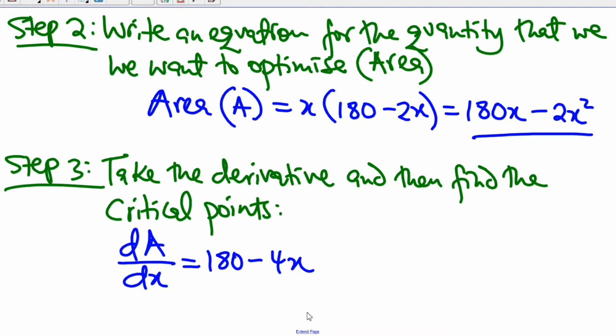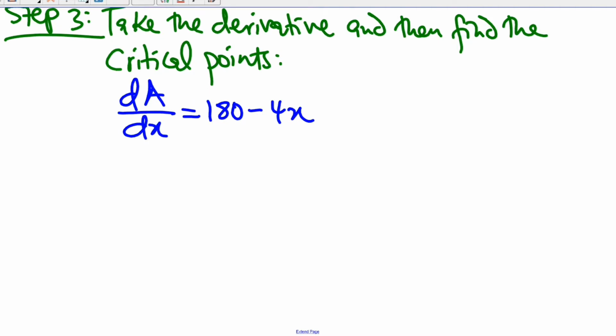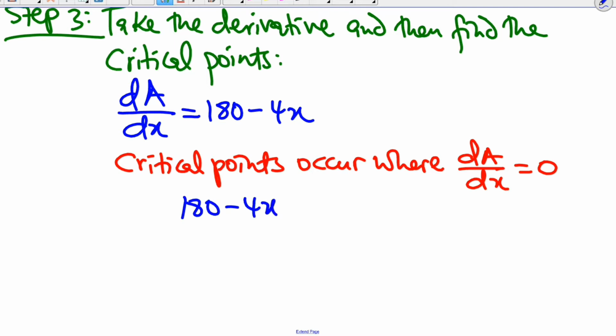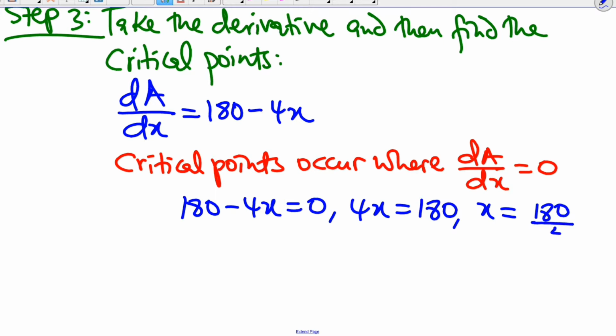Now we know that critical points occur where this derivative is equal to 0. So we equate that to 0, which means we end up with 180 minus 4x equals 0, and 4x equals 180, which means x will be equal to 180 over 4, which is 45.